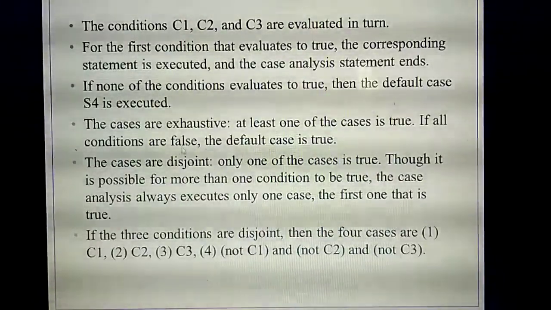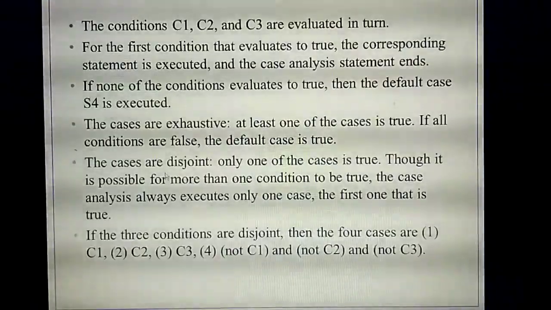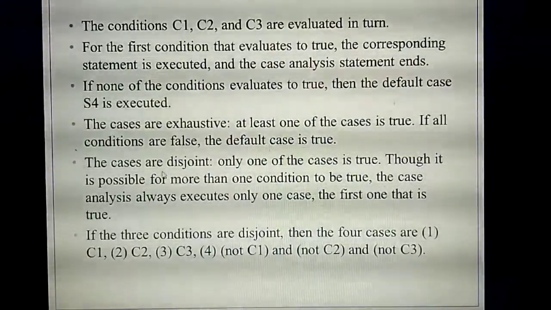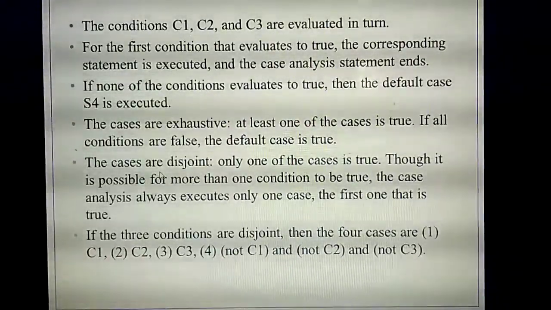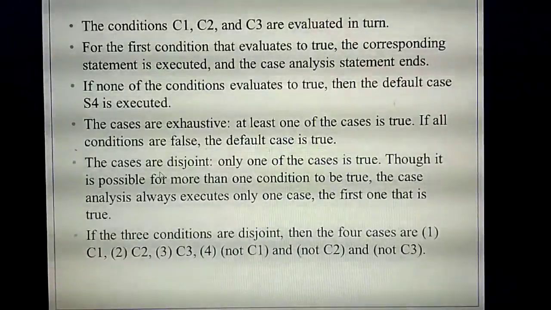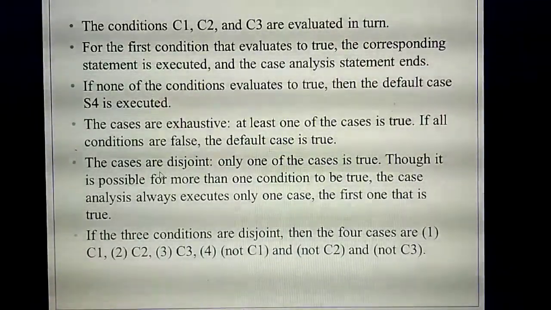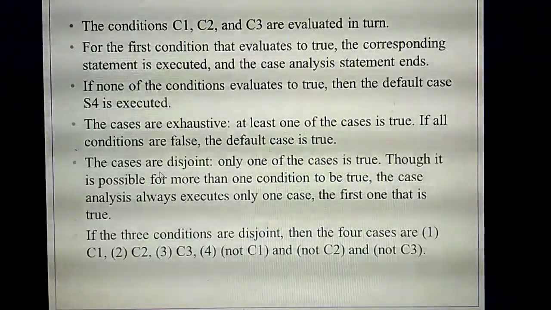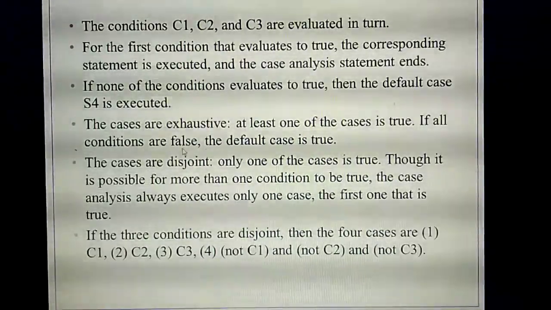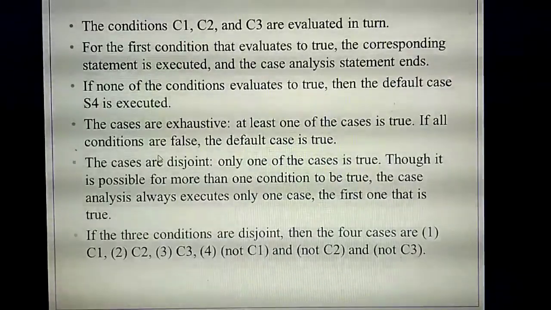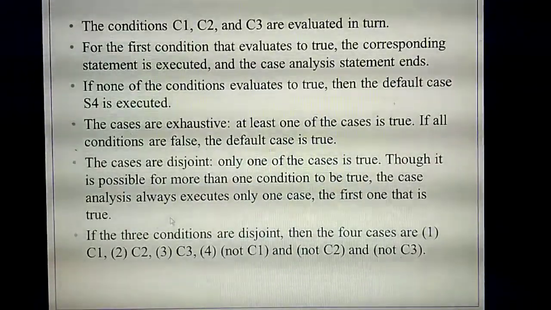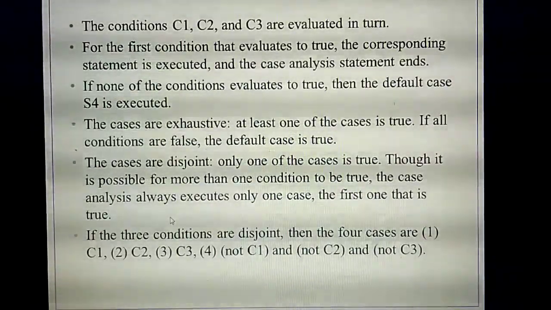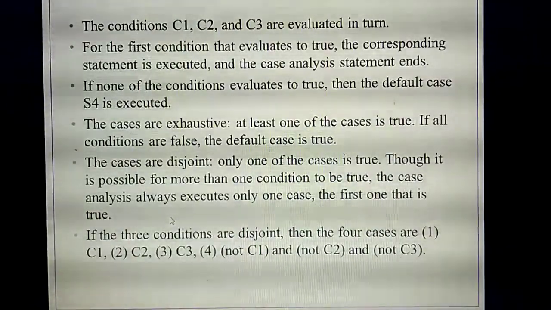Next, the cases are disjoint. What do you mean by disjoint? Here we are going to check more than one condition, but only one of the conditions will be true. Exhaustive means at least any one of the conditions needs to be true, but disjoint means only one condition becomes true: either C1 or C2 or C3.